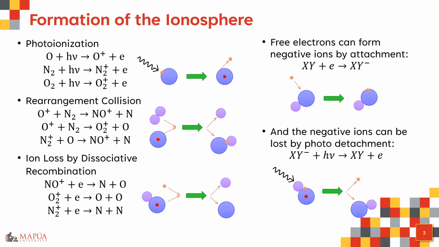There are several processes that generate the ions that compose the ionosphere. But the main source of ionization is the process called photoionization, wherein high energetic electromagnetic radiation, usually in the form of extreme UV and X-ray, ionizes the constituent neutral gases of the atmosphere, thus forming positively charged ions and free electrons.